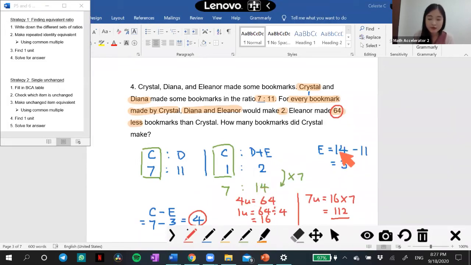Yes, okay, so 14 minus 11, you can get the remaining, which will be Eleanor. Right, if you're not sure, you can check again, right? Make sure that Diana plus Eleanor will get you 14. So 11 plus 3, yes, it does get you 14. So this is how you check your work also, right? Before you carry on with the steps.